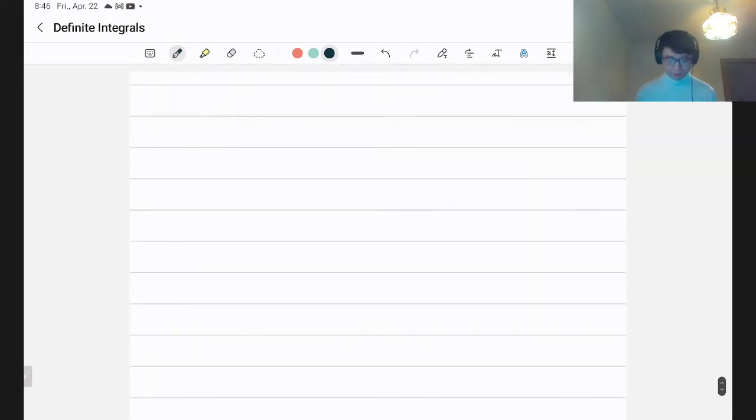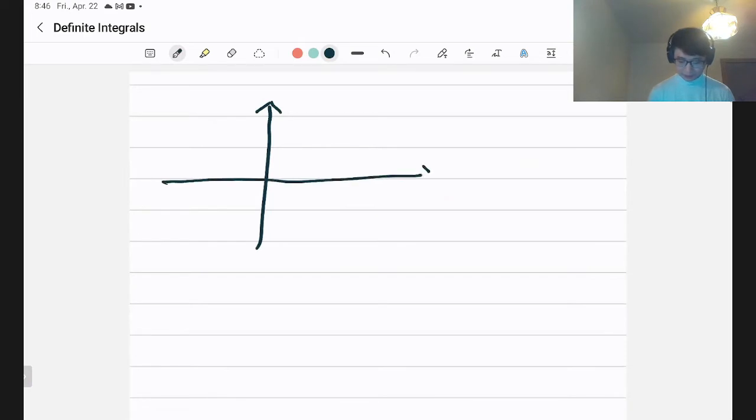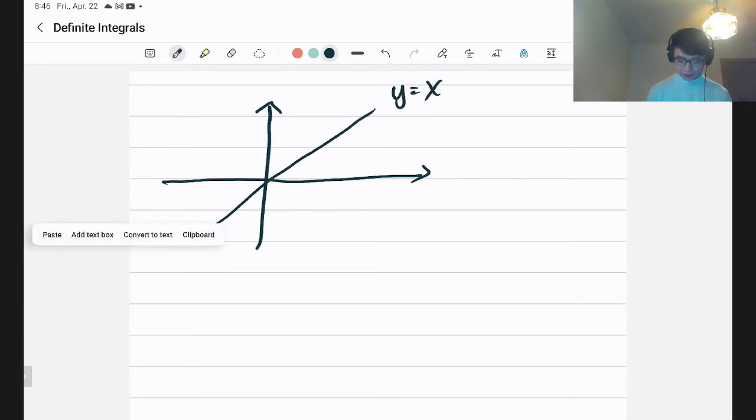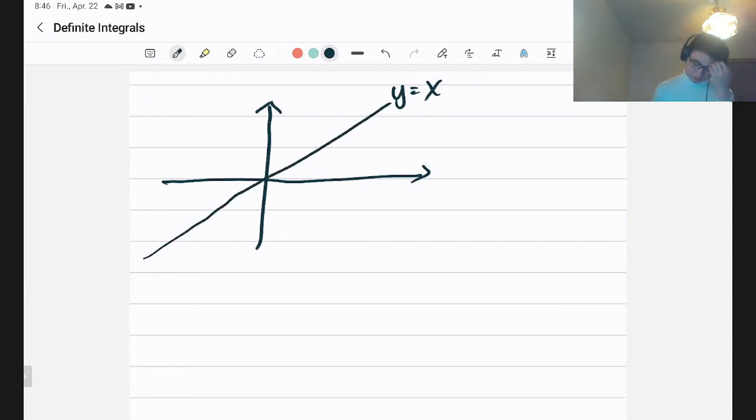But imagine I have a case like this, with the same function, y equals x, but a little more challenging. I'm just drawing the line better. What if I ask you to measure this one from A to B?